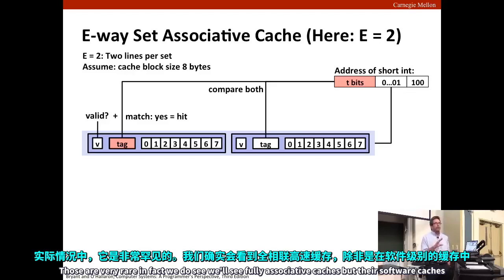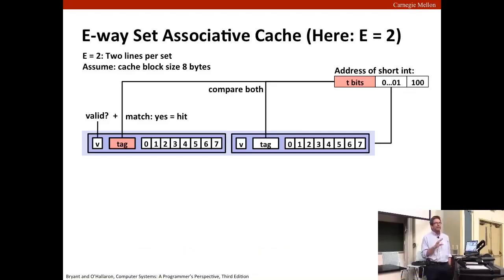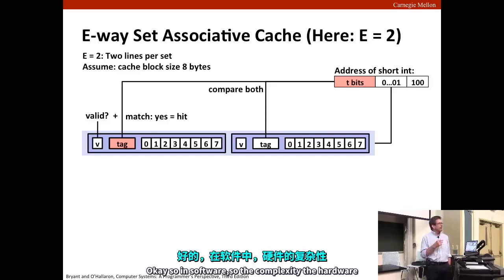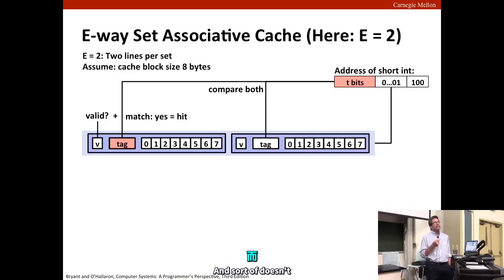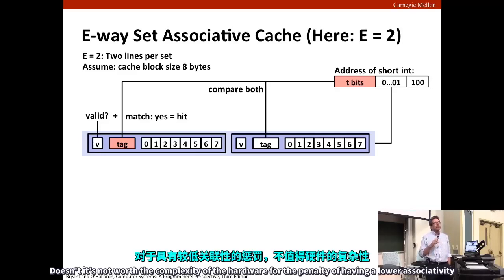We'll see fully associative caches, but they're software caches. In hardware, it's not worth the complexity for the penalty of having a lower associativity.